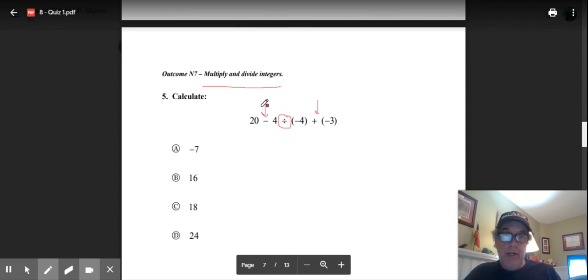Let's consider this to be a question inside these brackets, and I created those brackets because my first step is this one. In this one I have 20 and I have a -4 divided by -4, and that'll turn into a +1, because a negative and a negative, plus -3.